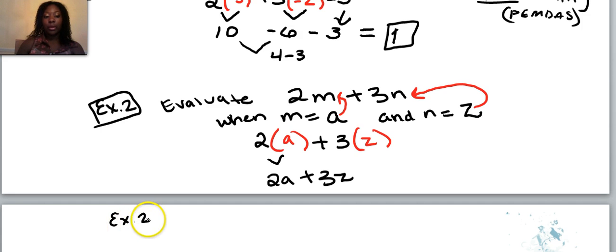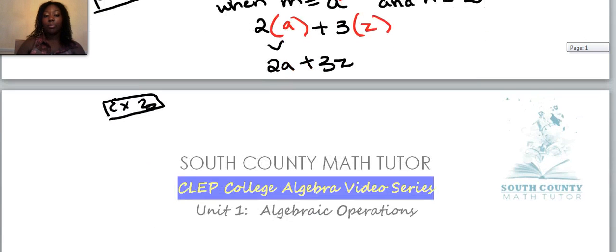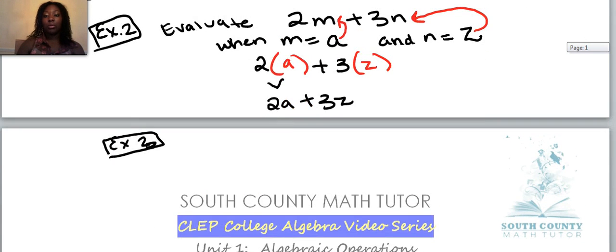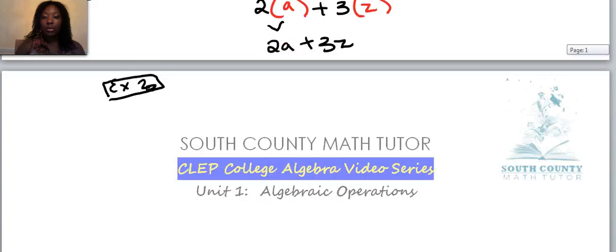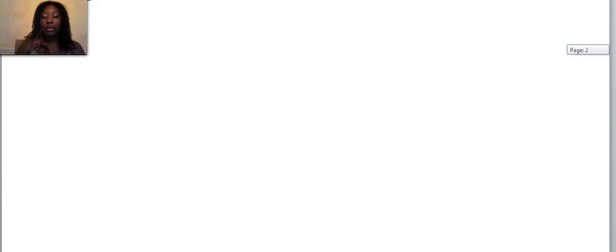Okay, what if you had the exact same problem? Example 3. Okay, let's say you have the exact same problem. Let's move this down a little bit. 2m plus 3n.